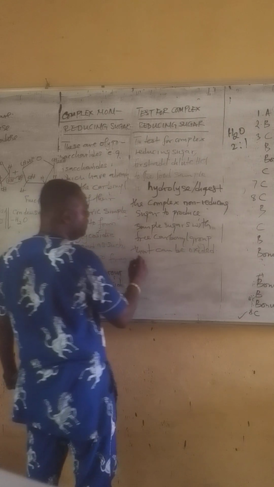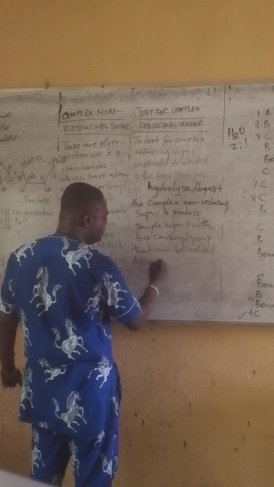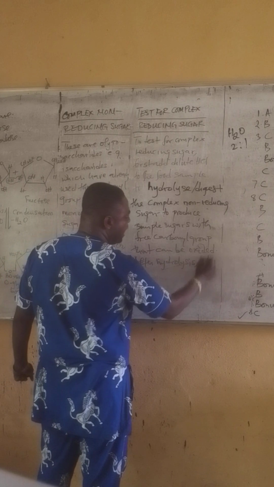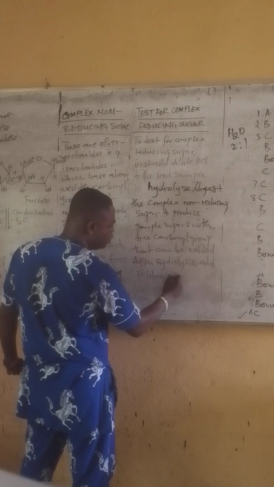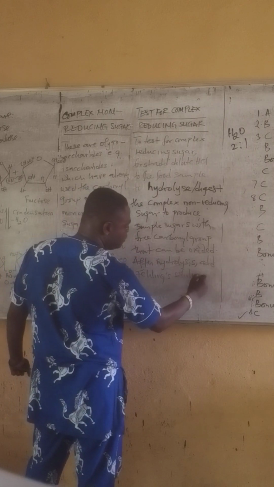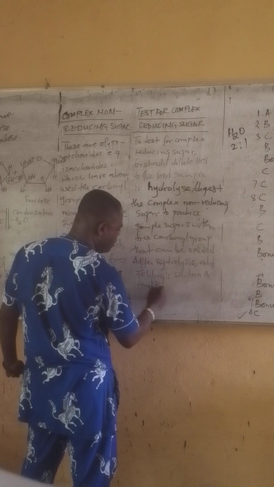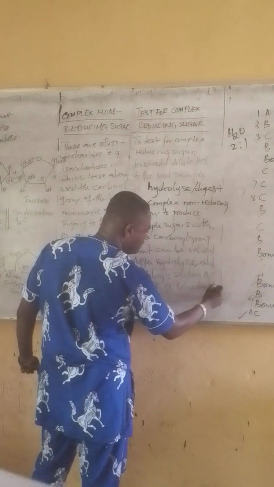Then, after hydrolysis, you can add Fehling solution A and B, or Benedict's solution.